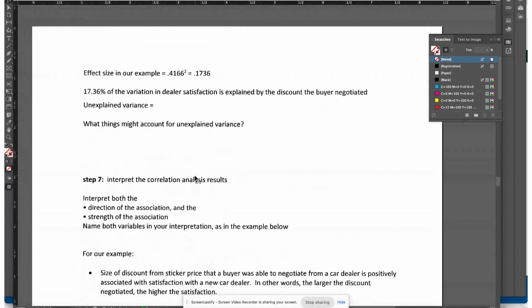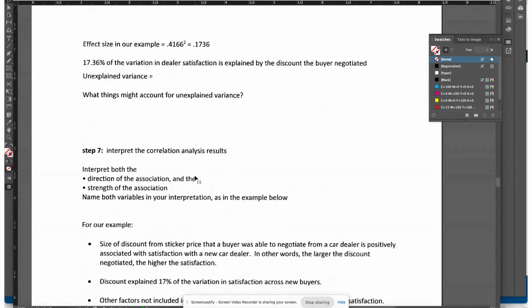Now, in our example, R squared is 0.1736. So that translates to 17.36% of the variation in dealer satisfaction being explained by the discount the buyer negotiated. That makes sense, right? If you negotiated a good price, that'll give you some level of satisfaction.